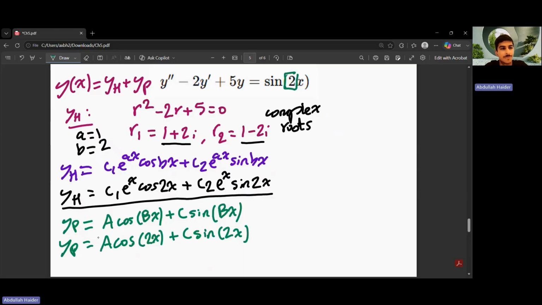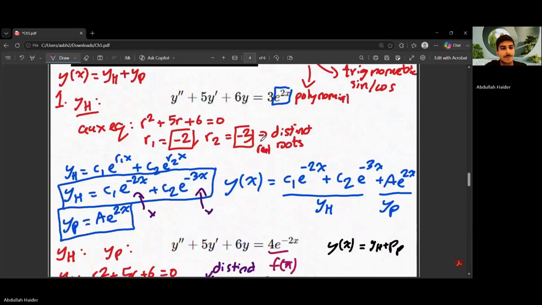Now, before moving on, you check whether your homogeneous solution has something in common with the f of x here, just like how we did for the exponential part. Once you find the homogeneous solution, you check if something is common.